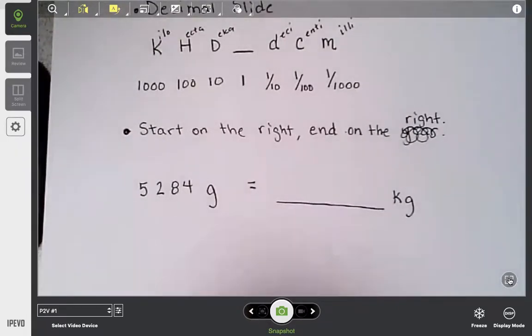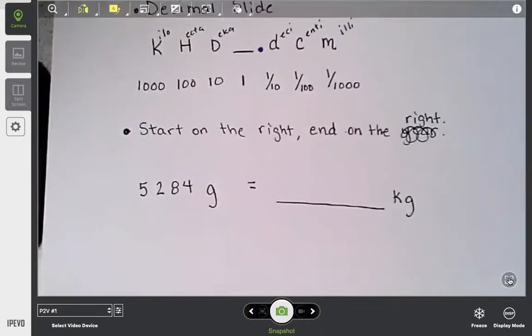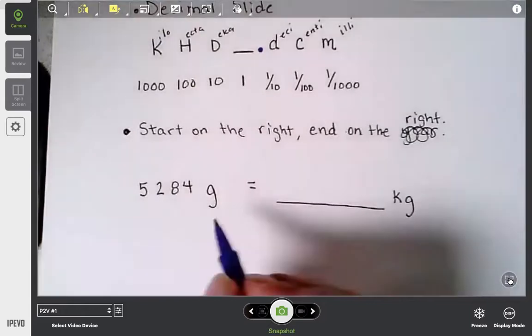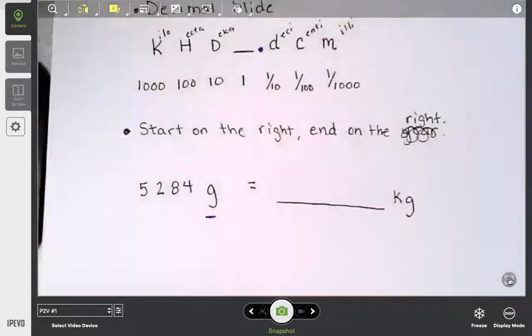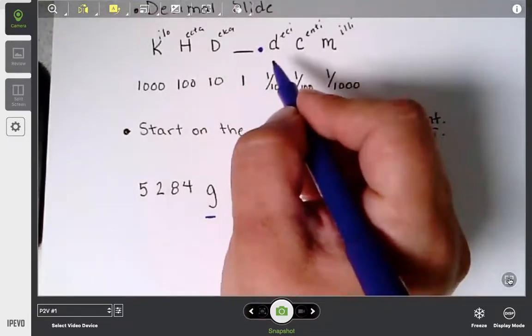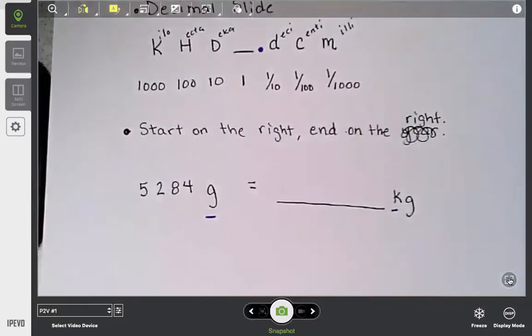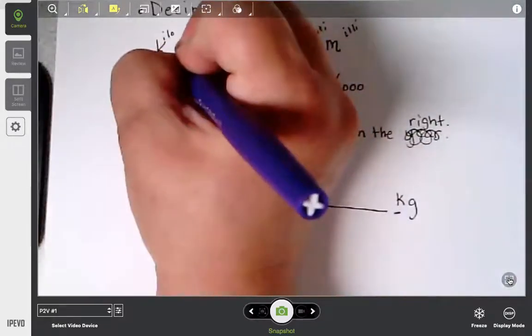Grams is a base unit. So I'm going to make a dot right there beside gram because gram would be in the middle. And I'm going to move this dot until I'm on the right side of what I'm trying to get, which is kilograms.